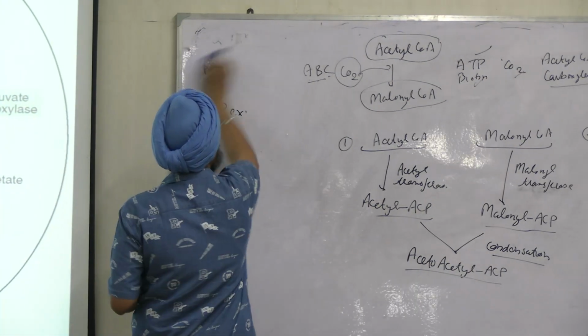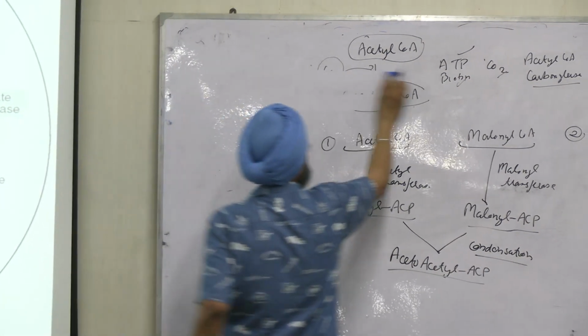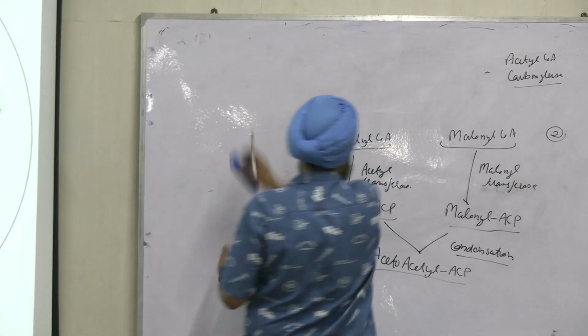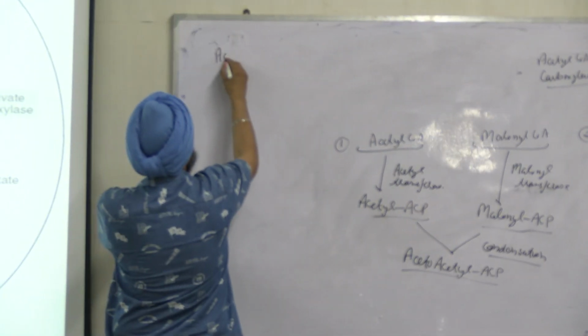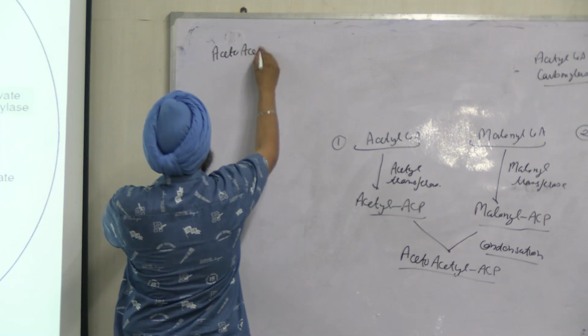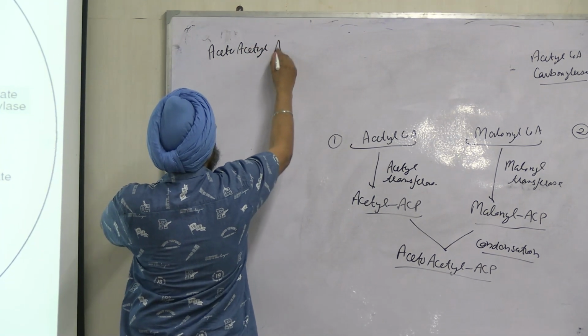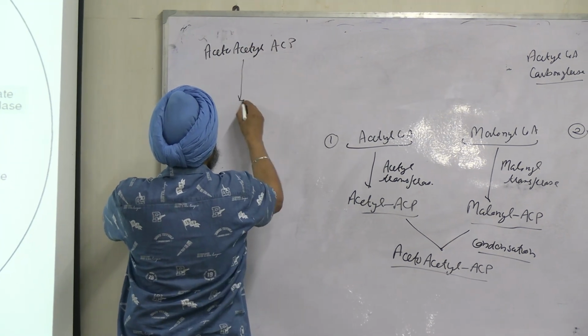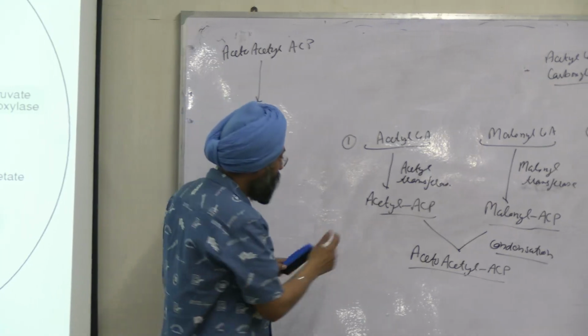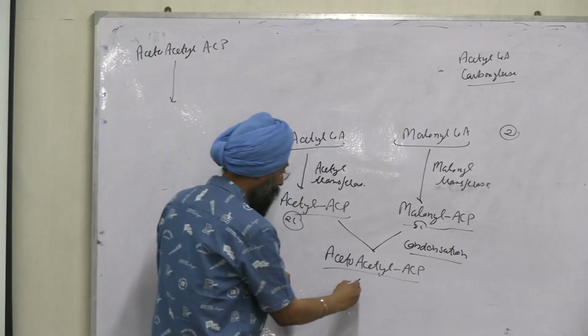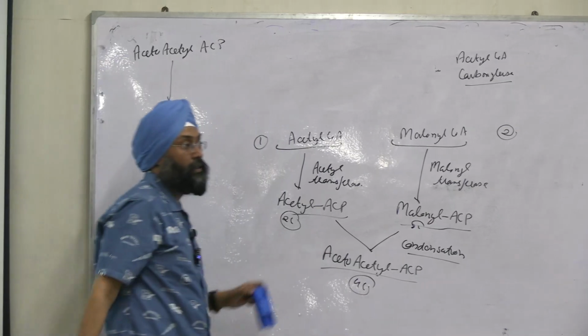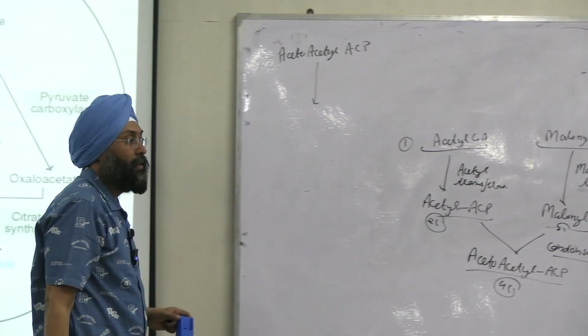After that, now we have acetyl CoA and acetyl ACP. This is 2 carbon, this is 2 carbon, this is 4 carbon, right?